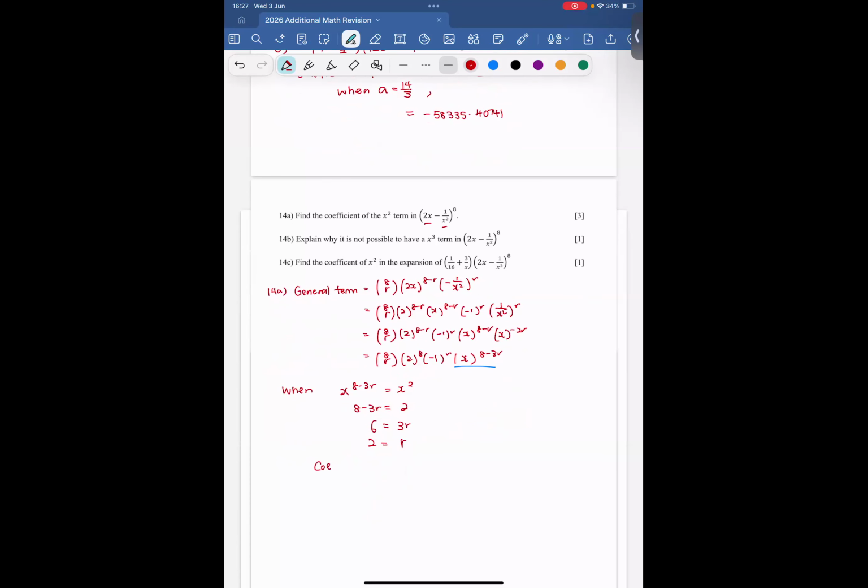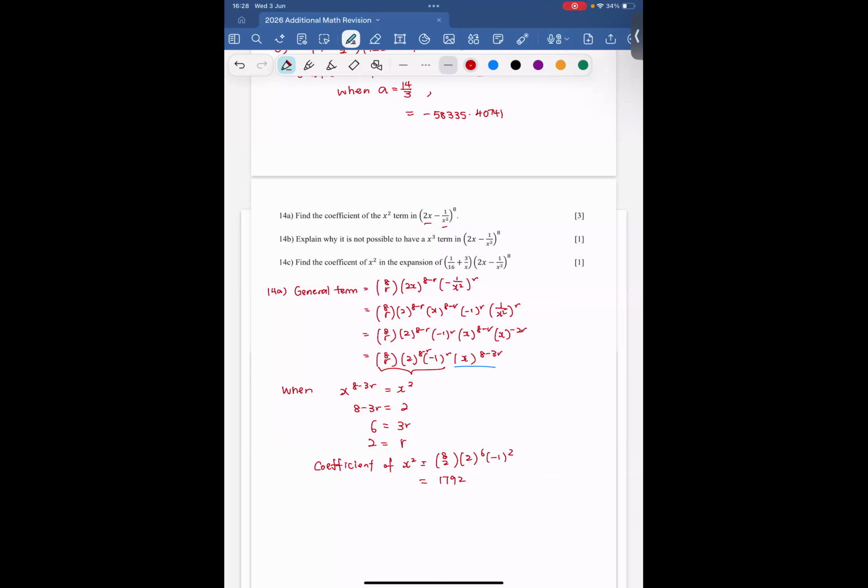The coefficient of x squared is simply putting the 2 into this part. This is the whole coefficient: 8 choose 2, times 2 to the power of 8 minus 2, times 6, negative 1 squared. One seven nine two.